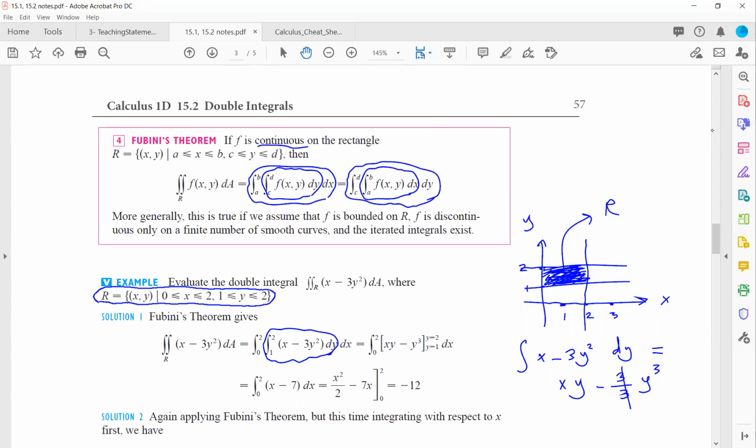That's why we can cancel out 3 and 3, and you have xy minus y cubed. Now we plug in 2, then we plug in 1, and we subtract.